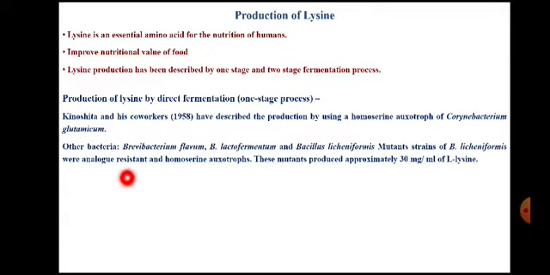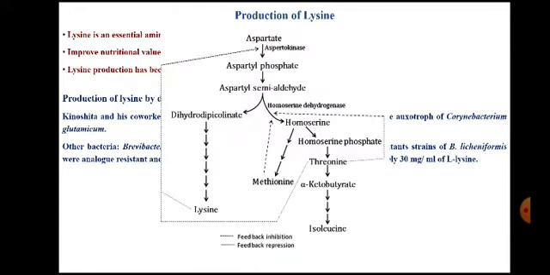Mutants of Bacillus licheniformis, which were resistant to analog and homoserine auxotrophs, are basically useful. These mutants produced approximately 30 milligrams per ml of lysine in the fermentation broth.